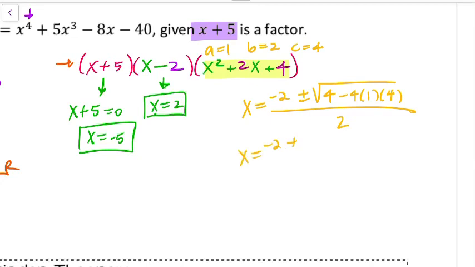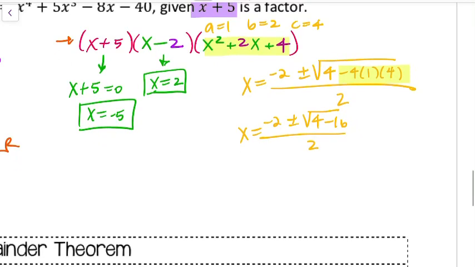So x equals negative 2 plus or minus the square root of, PEMDAS says do that multiplication first. So 4 minus 16 all over 2. 4 minus 16 reduces to negative 12. Negative 2 plus or minus the square root of negative 12 all over 2.